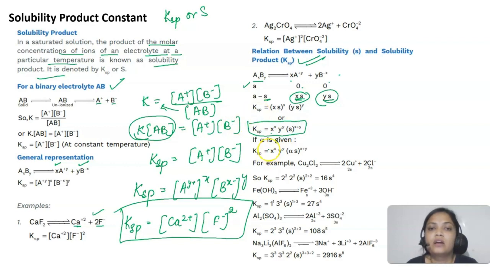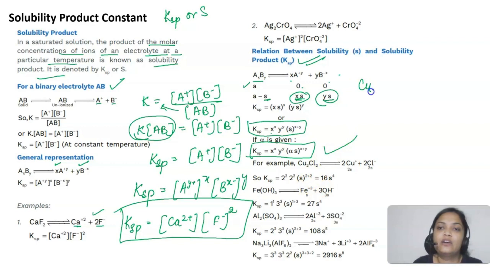Okay. And if alpha is given, okay, so alpha is given means the degree of dissociation is given, so वहाँ पे हम alpha ले लेंगे. So that is simply the relationship. Okay. जैसे यहाँ पर example लिया है of Cu2Cl2. So it will give you 2Cu plus and 2Cl minus.